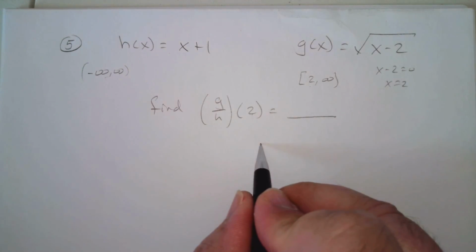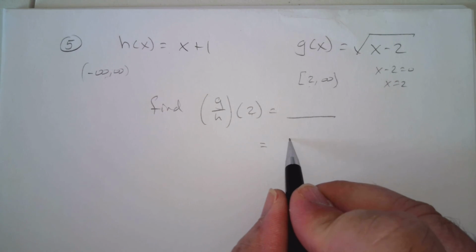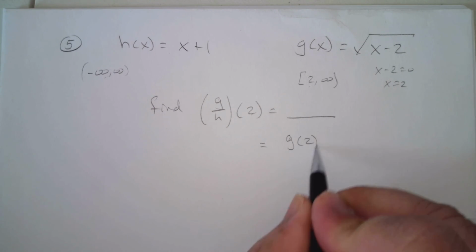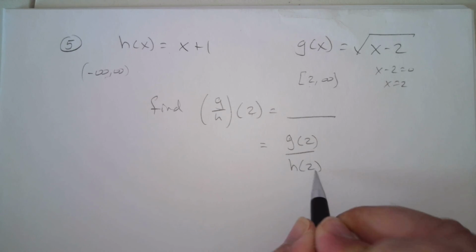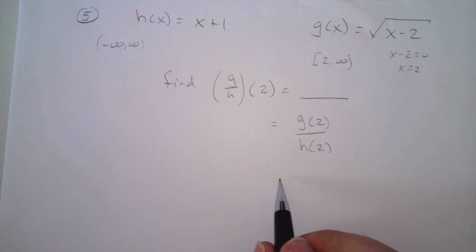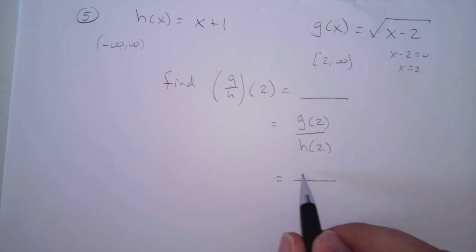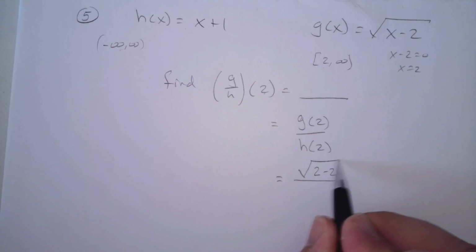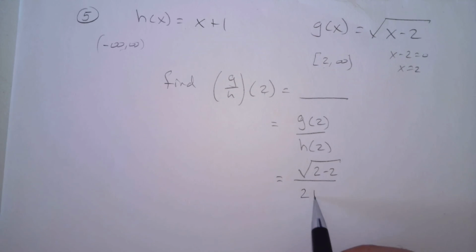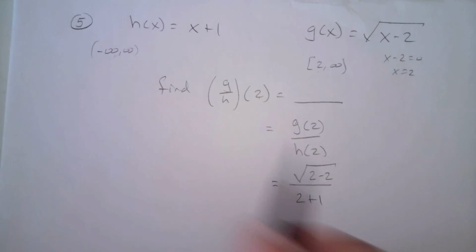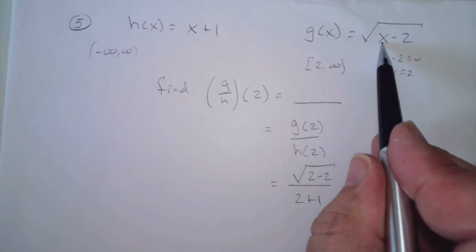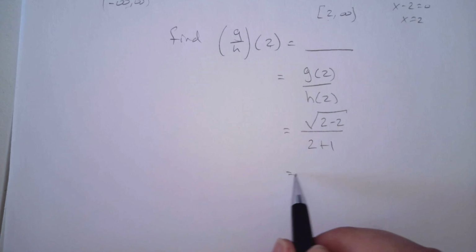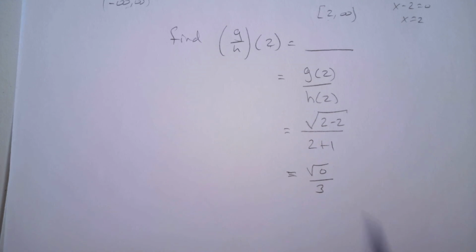Alright, so what we have here is g of 2 over h of 2. That's square root of 2 minus 2 over 2 plus 1. There's g, there's h, put a 2 in there, put a 2 there. Square root of 0 over 3.